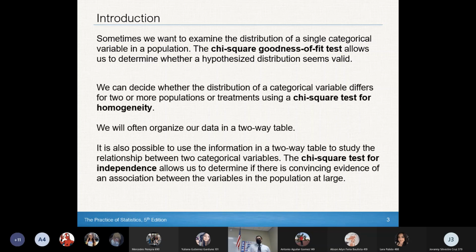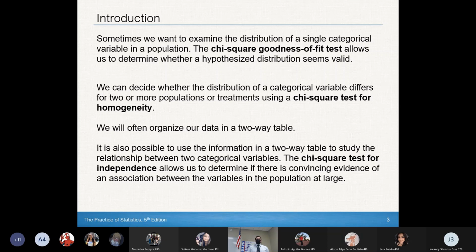We can decide whether the distribution of a categorical variable differs for two or more populations or treatments using a chi-square test for homogeneity. Right. We will often organize our data in a two-way table, so we'll see more two-way tables again. It is also possible to use the information in a two-way table to study the relationship between two categorical variables.